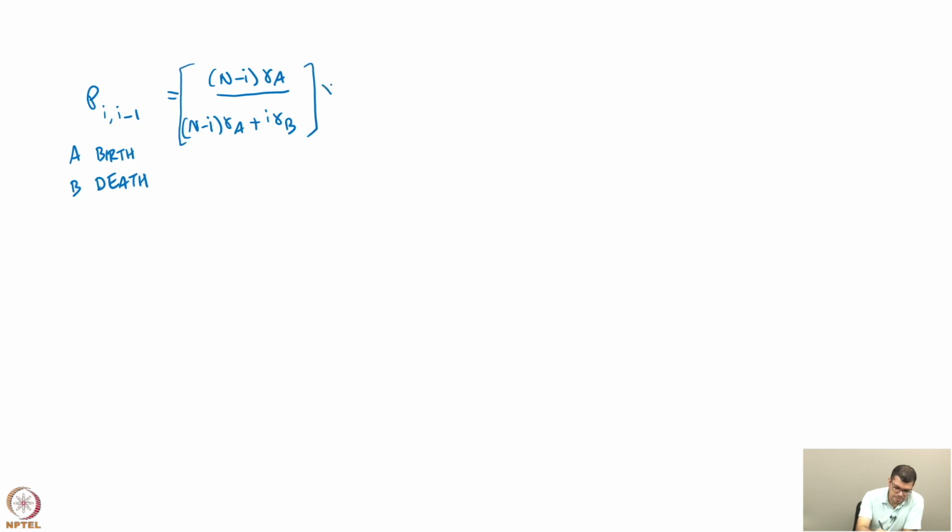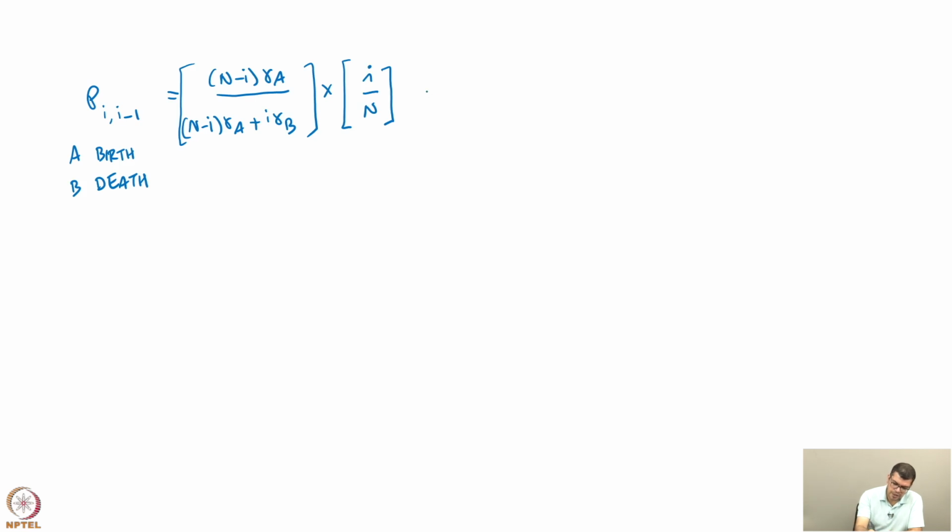This has to be multiplied with that a B is going to die, which is simply going to be I upon n. And up until now we had not made the assumption when we were deriving the expressions for these probabilities according to the Moran process.